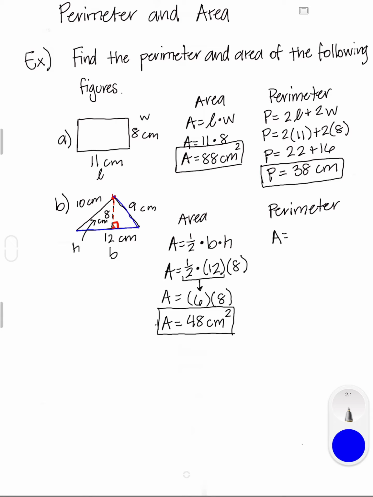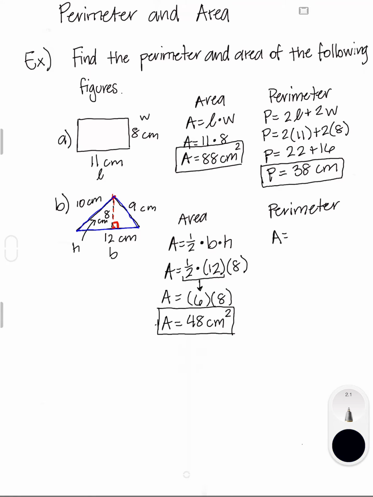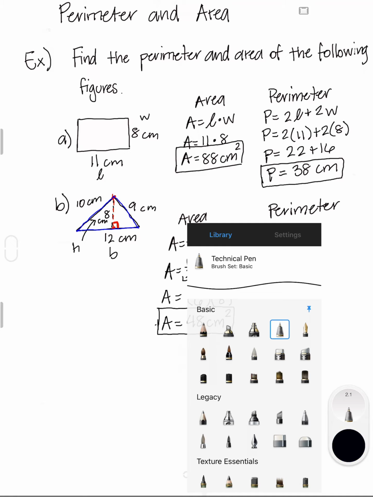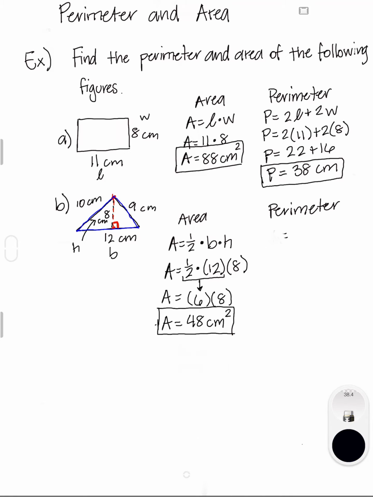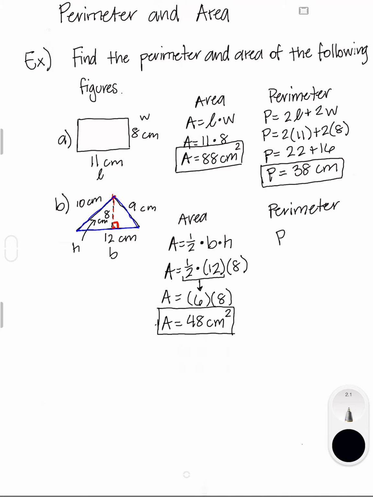So pretty much the 12, 9, and the 10, right? In this case, I put area. I barely noticed that I put an A right there, so this should be a P. So the perimeter equals the sum of the sides, right? So in this case, it'll be 10 plus 9 plus 12.